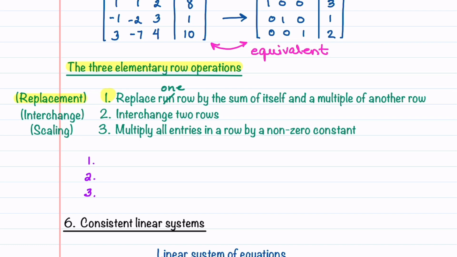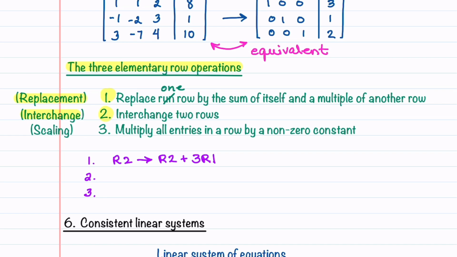This is exactly what we've just been doing. So for example, a row replacement might look like this. We could take row 2 and replace it with row 2 plus 3 times row 1. That's called row replacement. Our second elementary row operation is called interchange, and that's when we interchange 2 rows.